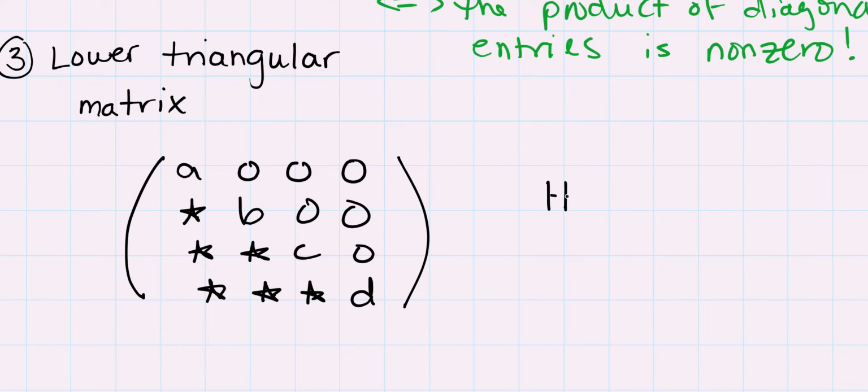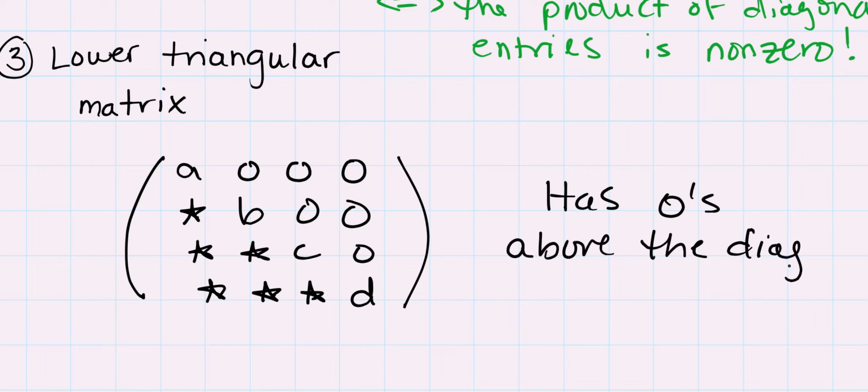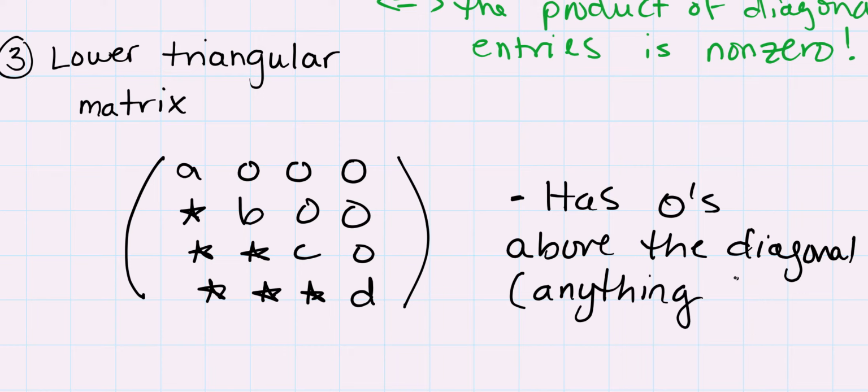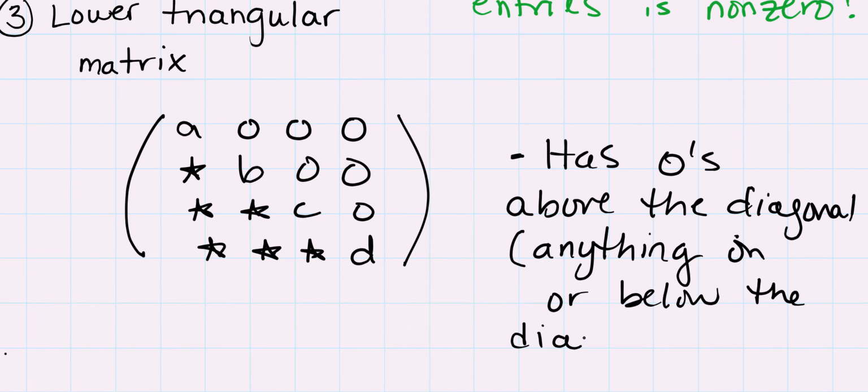So this has zeros above the diagonal. Anything else? Anything on or below the diagonal, including 0. And again, a lower triangular matrix is invertible if and only if the product of the diagonal entries is non-zero.